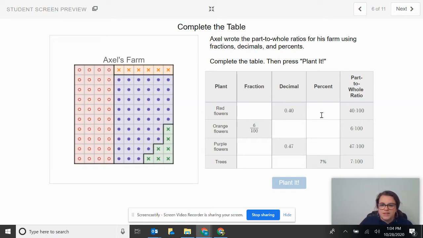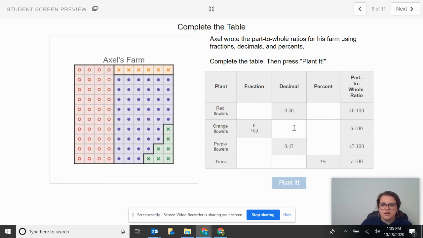You can see that I have 4 spots on my farm where I'm planting different flowers. They do you a favor by showing you the total, the whole, which is 100, and the part of each type of flower. It tells us that there are 40 red flowers out of 100.